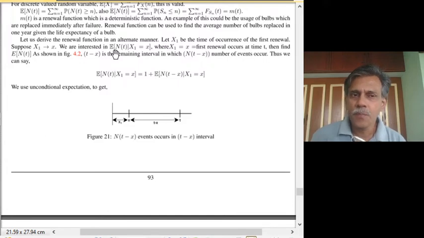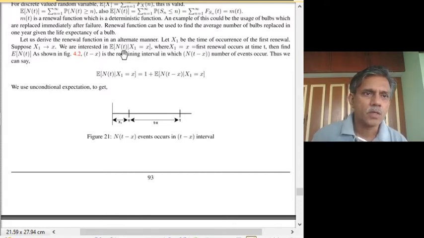If you put this condition, is there a way of finding the expectation of N of t? Then we can uncondition on x1, that is, letting x1 take all possible values of x, and make use of it to arrive at the expectation of N of t, or the renewal function.